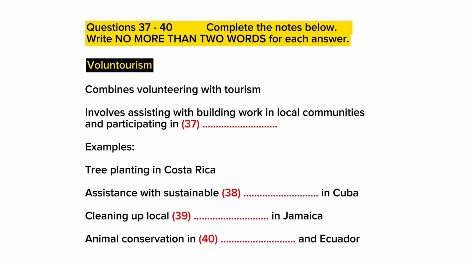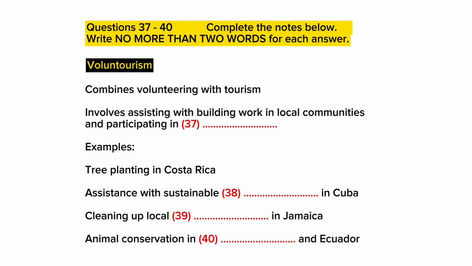Now, voluntourists have helped local communities to plant hundreds of trees and installed identifying signs in the rainforests of Costa Rica. They've also helped with sustainable food production in Cuba, and in Jamaica, they've been involved in the cleaning up of local rivers. And in Thailand, they've worked on building ecologically sustainable reforested habitats.